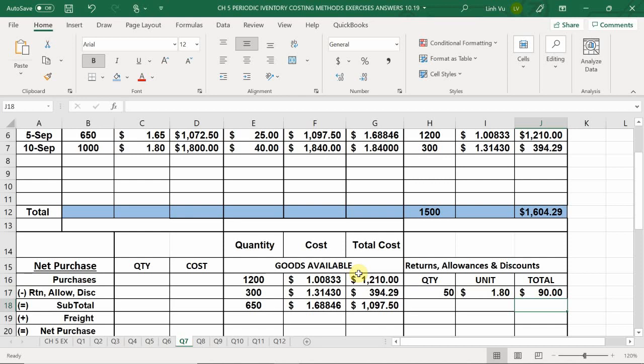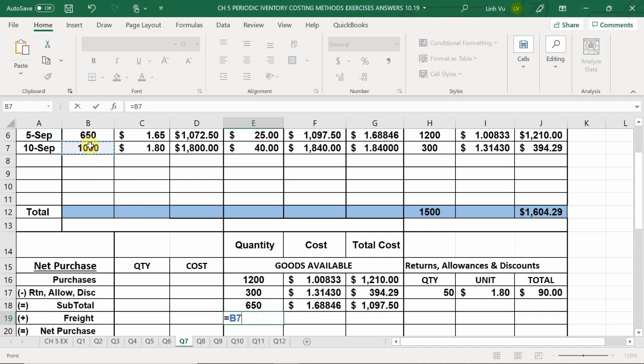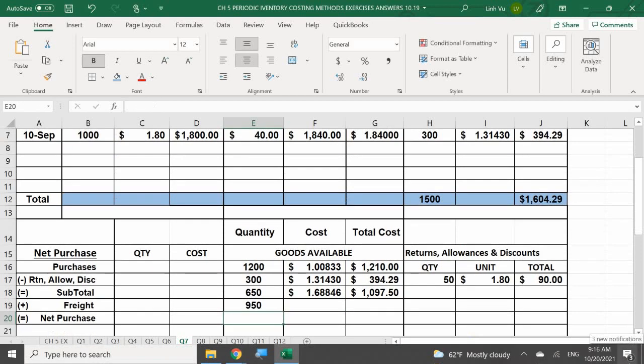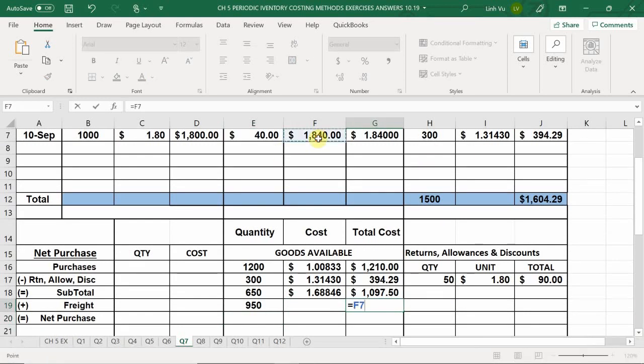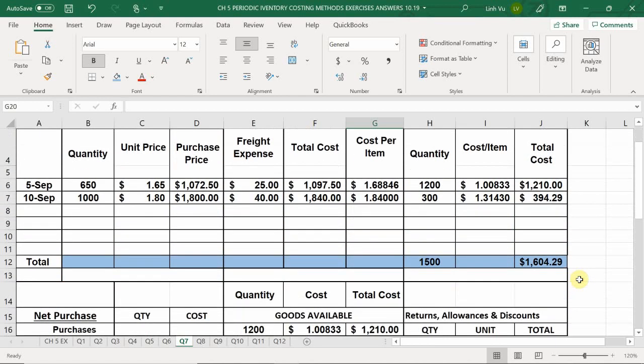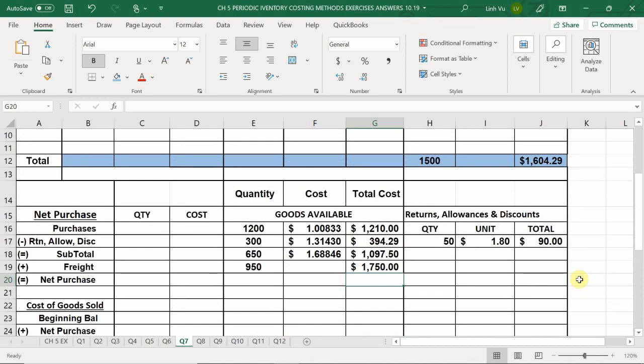So in this case, this batch right here, I have a new quantity and a new cost. Because I originally purchased 1,000, but I end up returning 50 of those items. And of course, my total cost has also changed because I end up getting a refund for $90. So therefore, I should be at $1,750, because I started with $1,840 minus 90. I am now at $1,750.